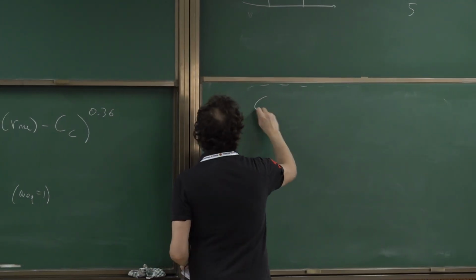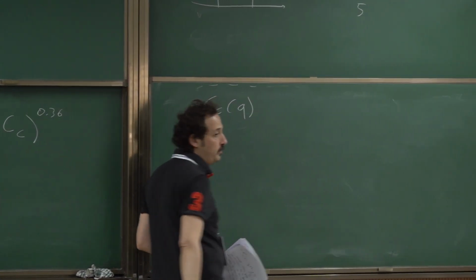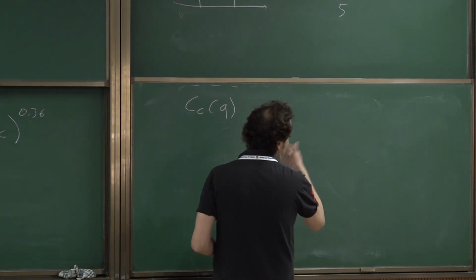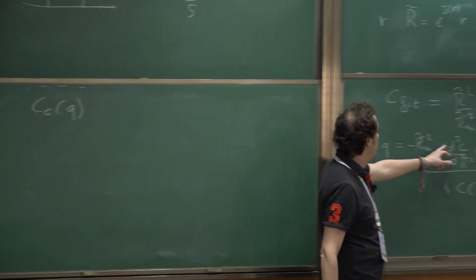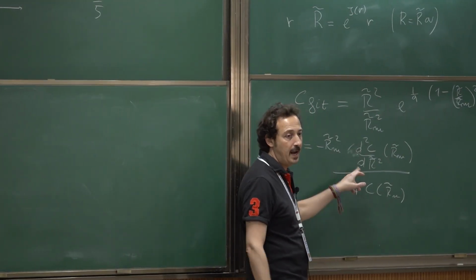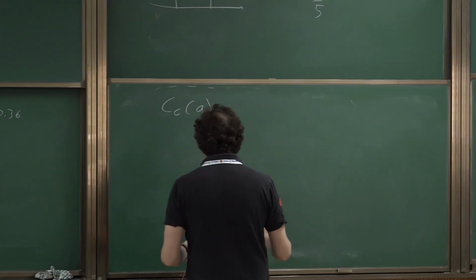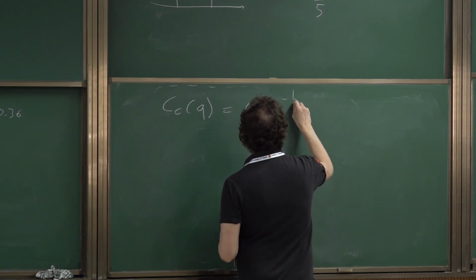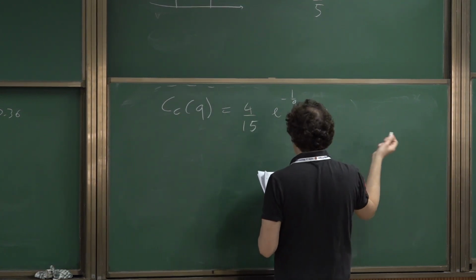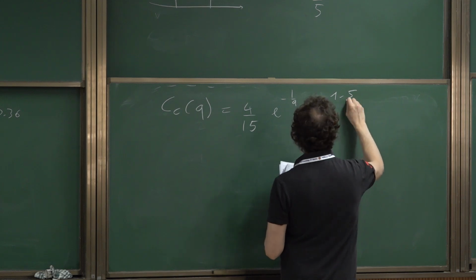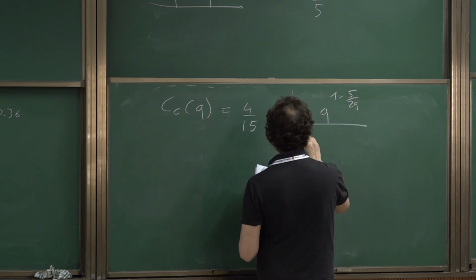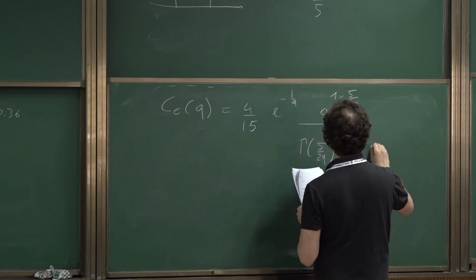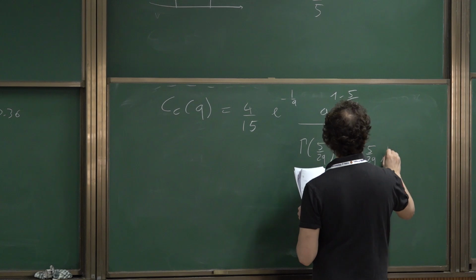So we define the critical compaction function threshold that depends on Q, and Q depends on R_m and the normalized second derivative. And this is the following: 4 divided by 15, and I just write it because it's interesting to see that it's an analytical formula, e to the minus 5 divided by 2q, divided by gamma of 5 divided by 2q minus gamma of 5 divided by 2q, 1 over q.